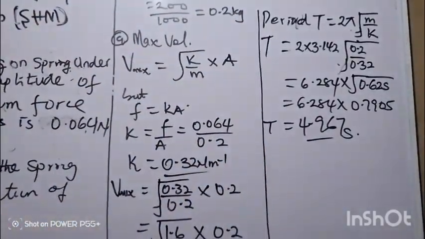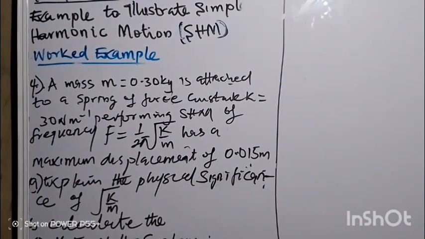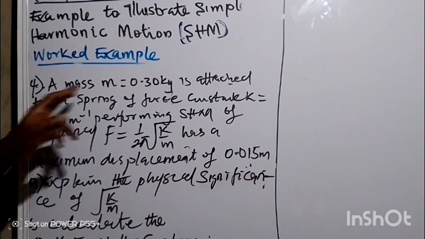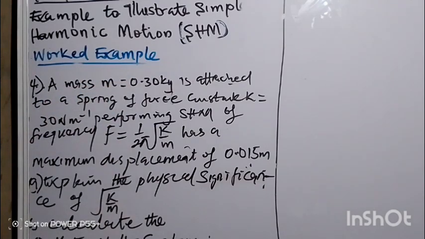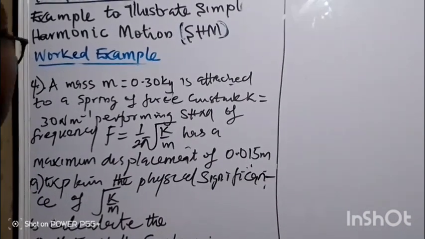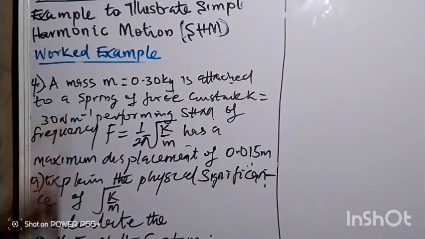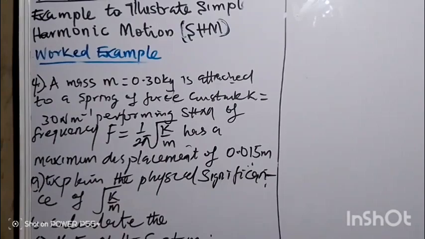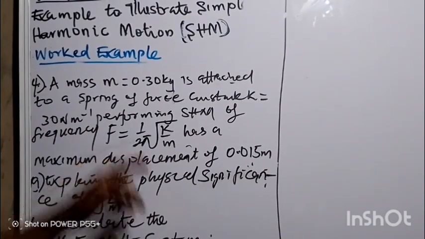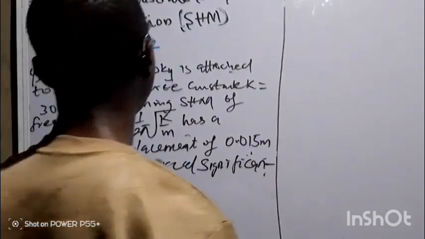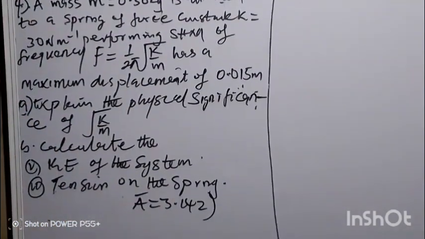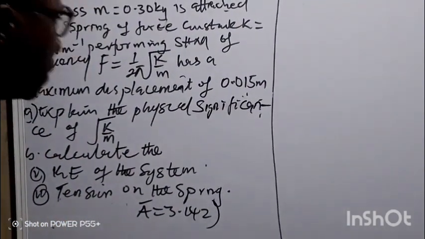Let's take this one as example 4. A mass M of 0.30 kg is attached to a spring of force constant K, 30 Newton per meter, performing SHM of frequency F equals 1 over 2 pi into square root of K over M, and has a maximum displacement of 0.015 meter.